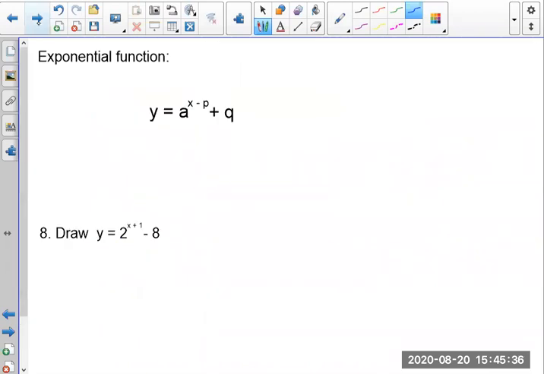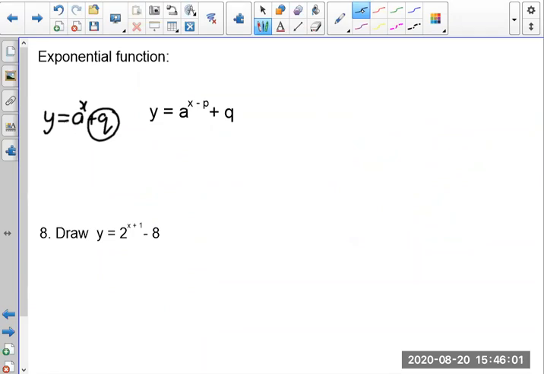Okay. I want to do the same with the exponential function. Because we said we had y equals a to the x plus q. And we said that this q was the asymptote.